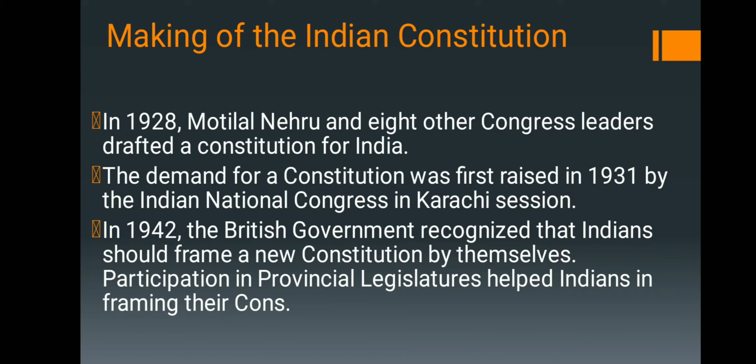These basic values were accepted by all the leaders much before the Constituent Assembly met to deliberate, meaning to have careful and unhurried discussions on the Constitution.